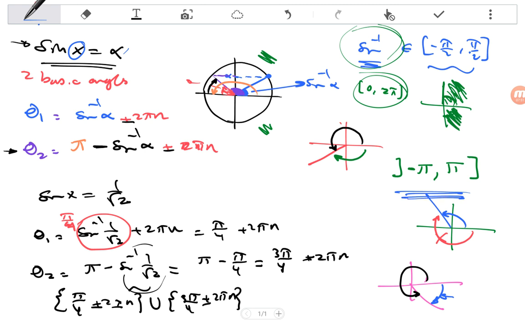That's why it's better to put the basic angles in a form that is from negative pi to pi. Why did I make it open on the negative pi side? Consider this angle. This angle may be expressed as pi, and it may also be expressed from the negative side as negative pi.